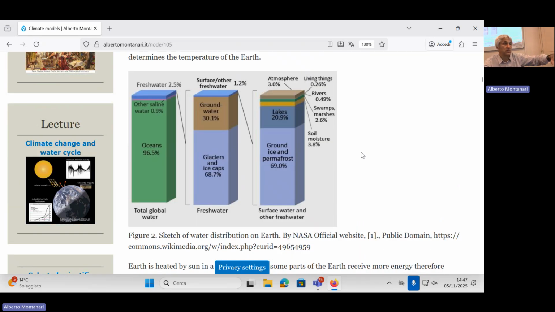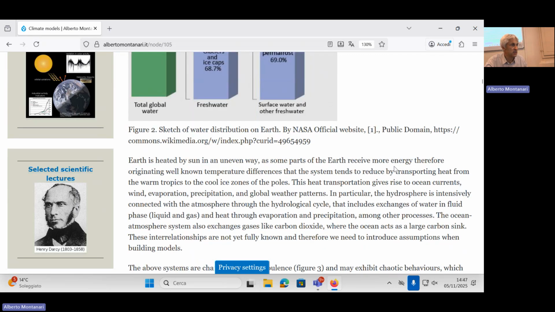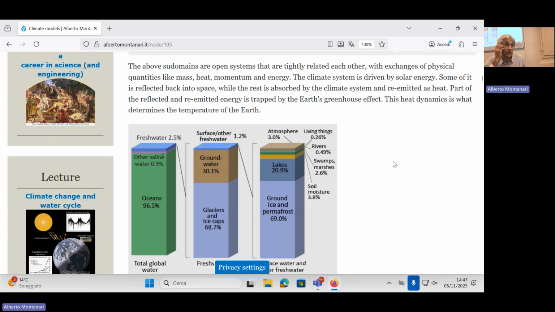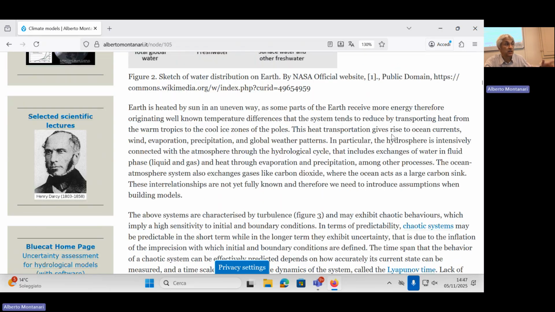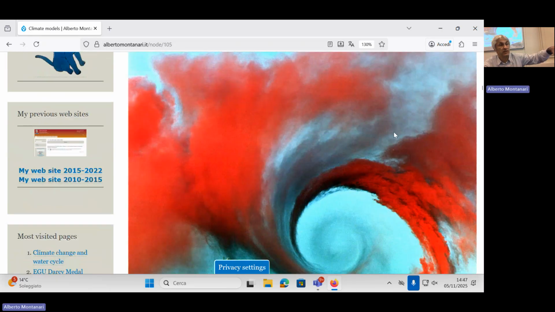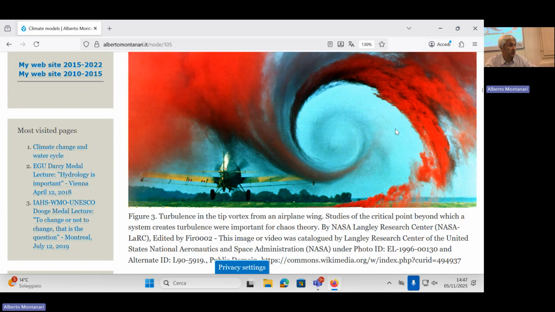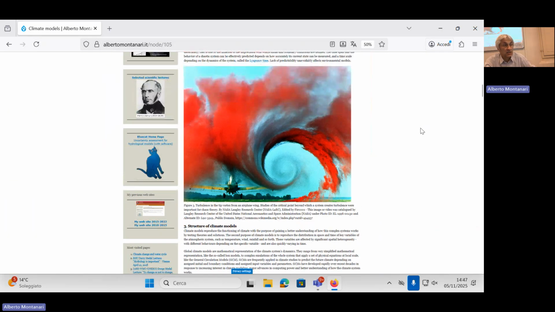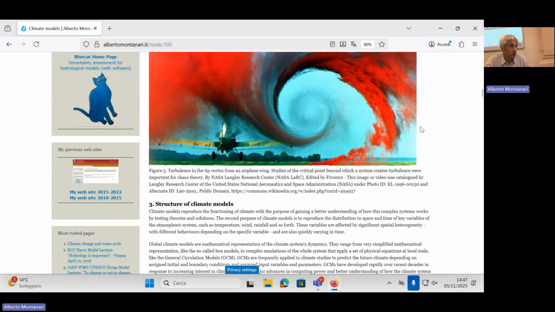I'm not interested in these numbers also at the exam. Why is this example provided here? In order to emphasize the complexity and non-homogeneity of the Earth system in terms, for instance, of the water cycle. Here there is an example of turbulence, which is affected by a lot of uncertainty. And let's jump to the structure of the models.